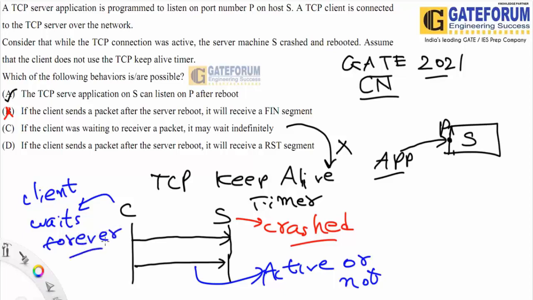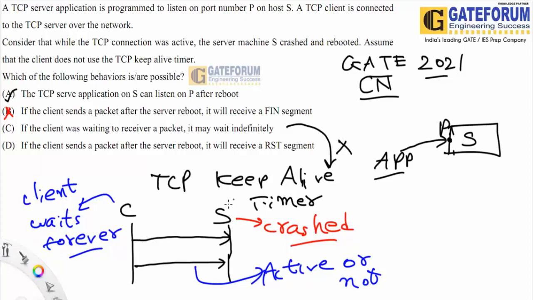I'm explaining again. A keep alive timer is a timer in which the client will recursively send a message to the server to check whether the server is active or not. But here the client does not maintain the keep alive timer, so it will not be able to send any message. There might be no requirement from the server to communicate with the client.